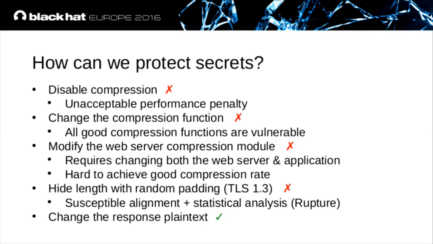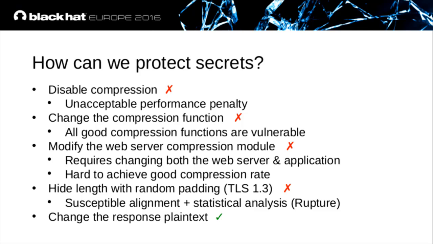And how can we, in general, protect our secrets from this side channel? Many solutions have been proposed for solving this problem. In previous papers, they proposed disabling compression altogether. Now, this method obviously solves the problem, because compression is the side channel that allows this attack. However, the performance penalty that would come from disabling compression altogether is, in real-world terms, unacceptable. So we can't actually disable compression.